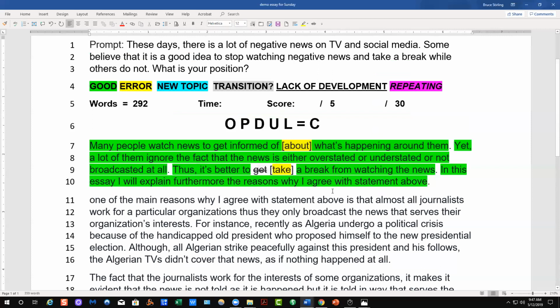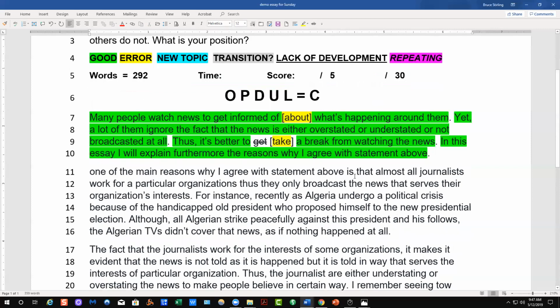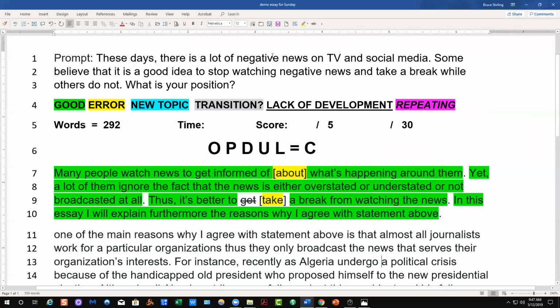These little errors do not limit coherence. So far, this essay is a 5 out of 5. Okay, but let's take a closer look, okay? So the prompt talks about negative news, right? That's the topic, okay? And it's about taking a break from negative news.